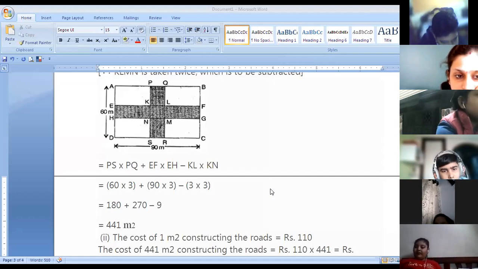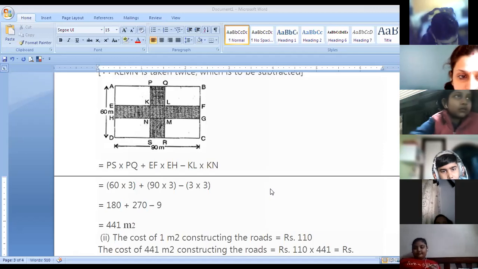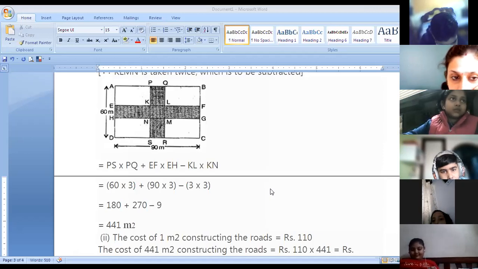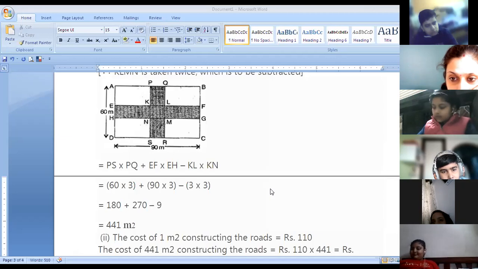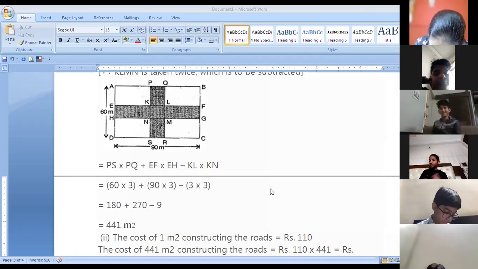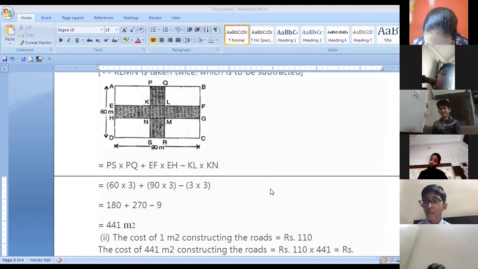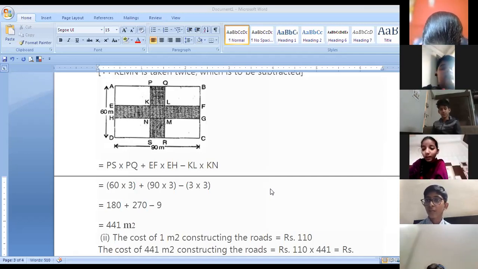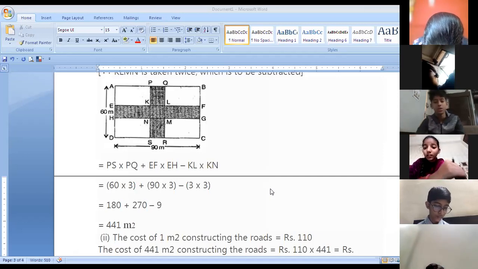Anupriya, check your answer again. Multiply it carefully. Yes, Avika, your answer is right. Come on, start solving it, children. Multiply the numbers. Yes, Rachel, your answer is also right. Tanya, check your answer.